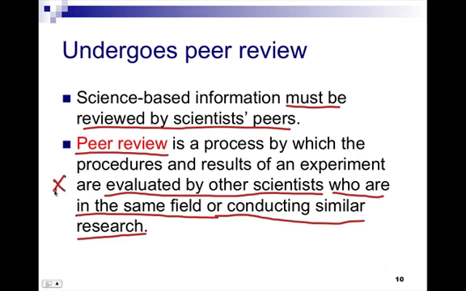So this is very important, because we don't just take one scientist's word. Other scientists are always challenging and then going over that particular scientist's work to determine whether it is valid or not.